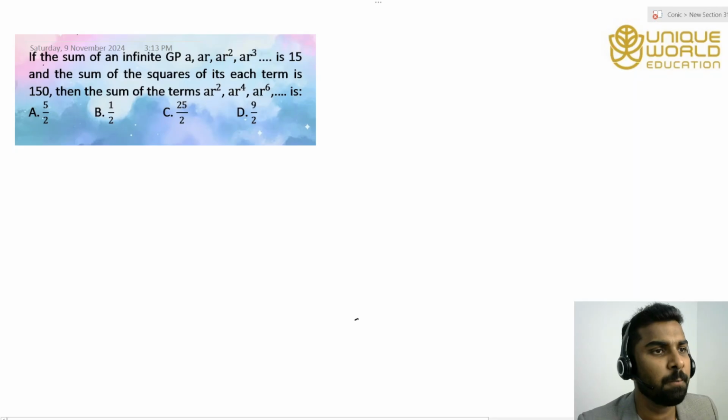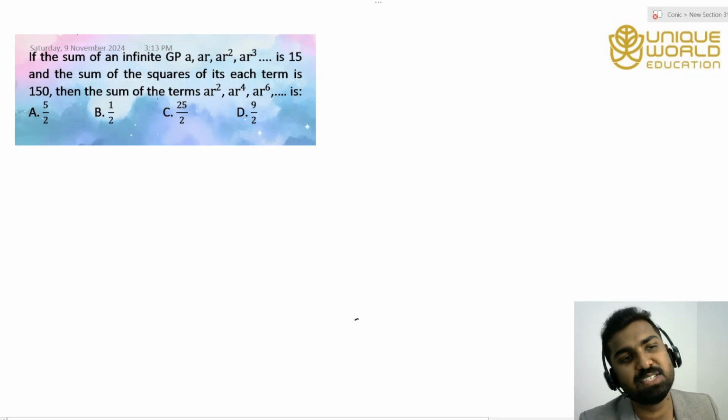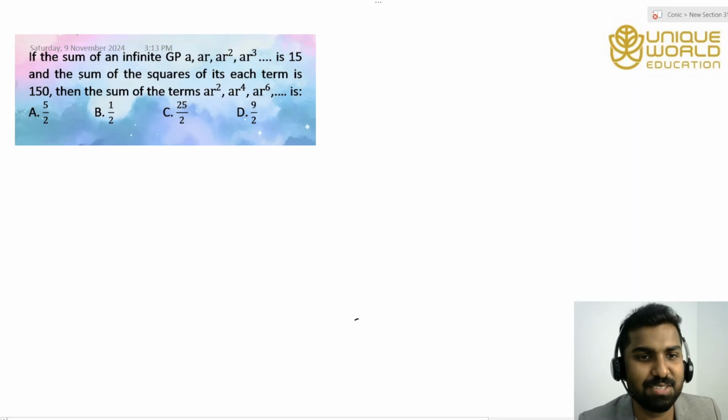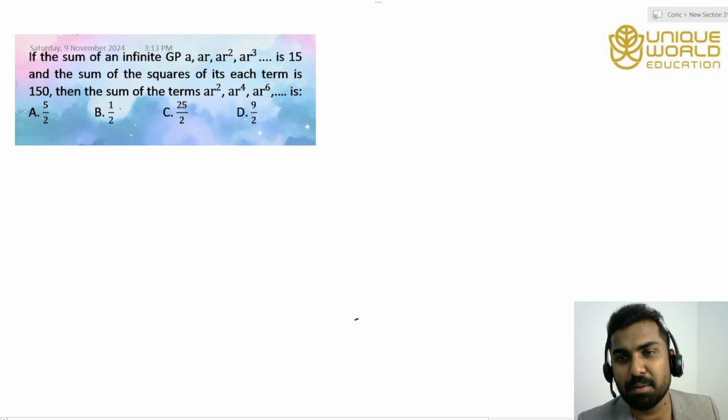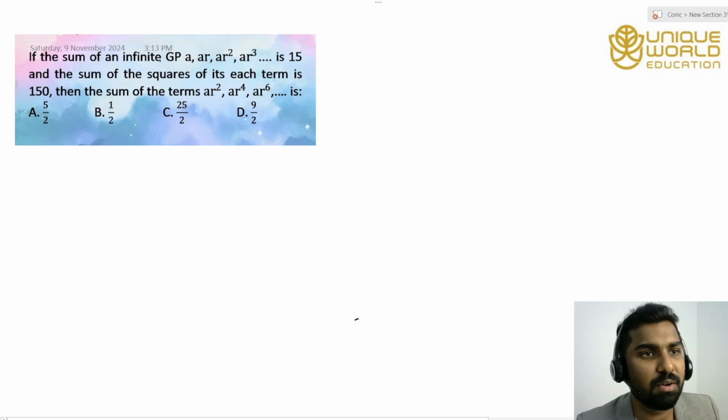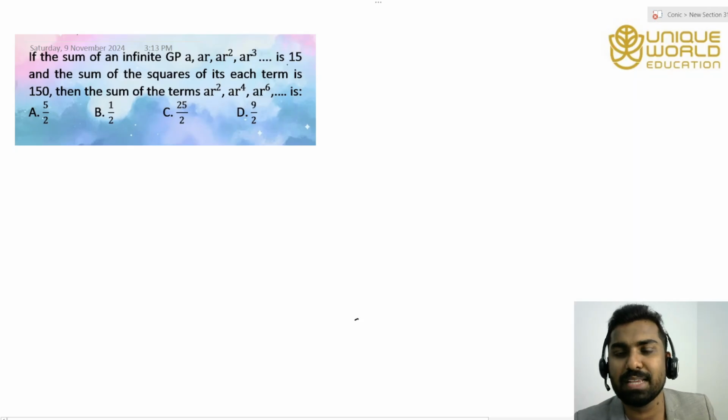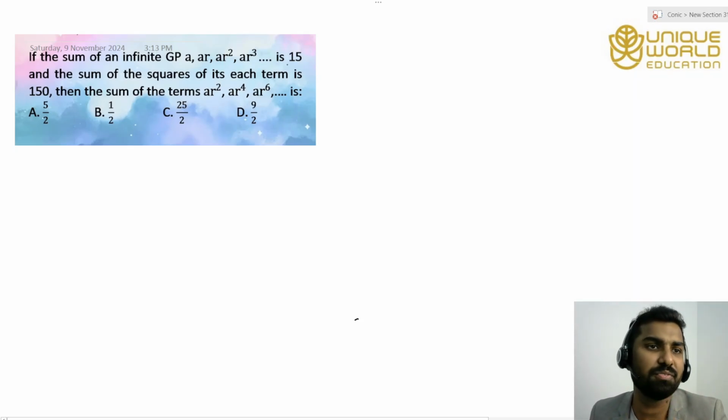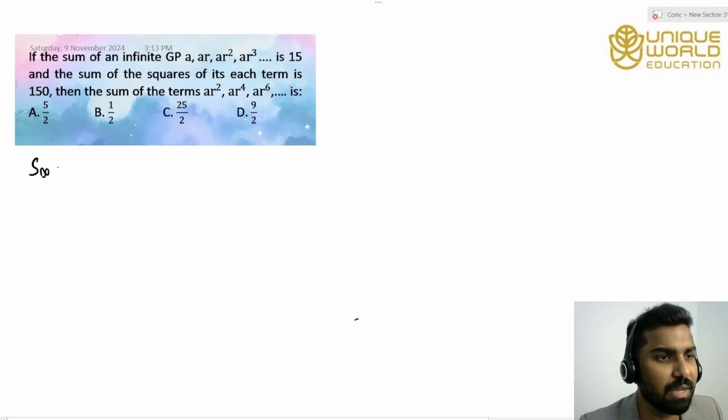The question is: if the sum of an infinite GP a, ar, ar square, ar cube, etc. is 15. So the sum of the infinite GP is given, and we know the formula, right? S infinity equals a divided by 1 minus r.